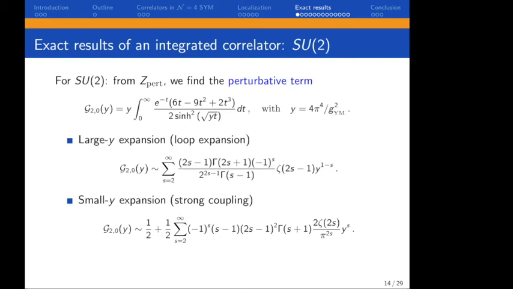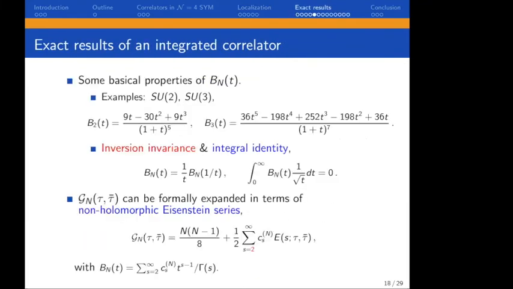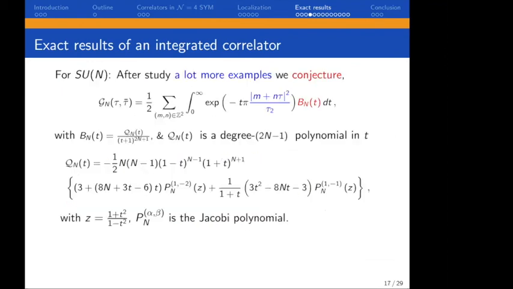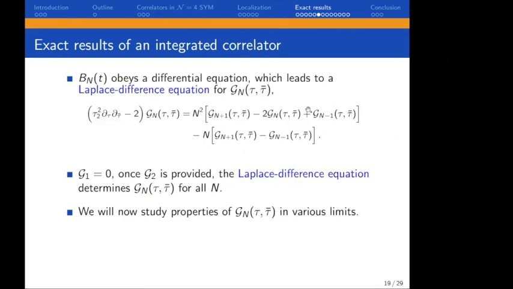Can you briefly say what the origin of this Laplace difference equation is? Right, let me find it. The origin in the deeper sense, I don't know. Maybe Michael or Daniel can comment. But superficially, we know the correlator can be written in this way, and we know explicitly what B is. What we do is act on the correlator with this operator.